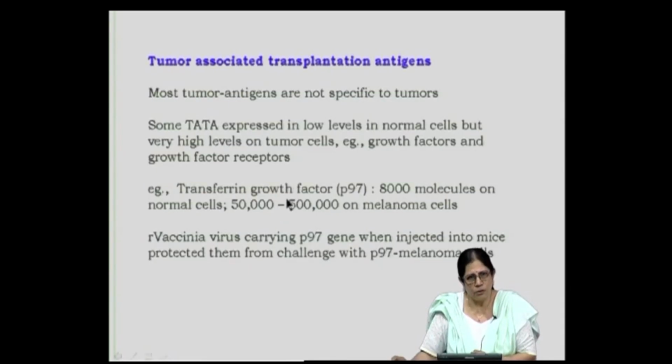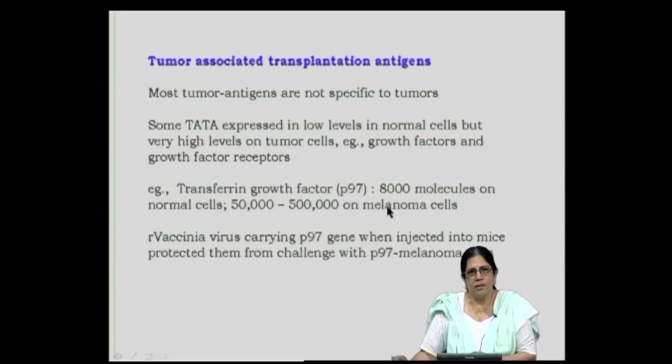Examples are growth factors and growth factor receptors, for example the transferrin receptor, which is known as P97. There are about 8,000 molecules on normal cells, but these become 50,000 to 500,000 on melanoma cells. So, you can see that this means overexpression of growth factors.